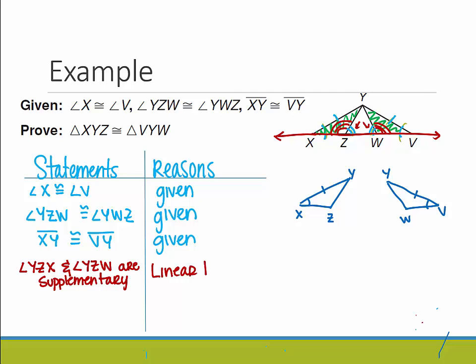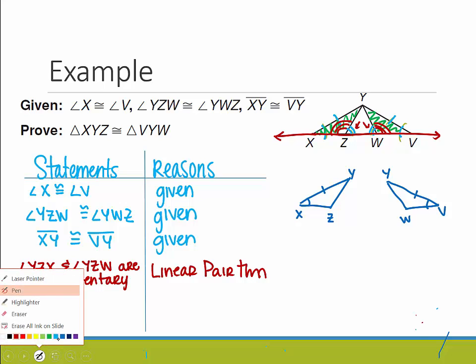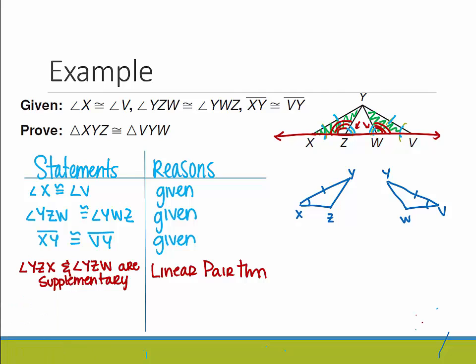They make a line. And I know the same thing about the ones on the other side. So angle YWZ and angle YWV are supplementary too, for the same reason, linear pair theorem.